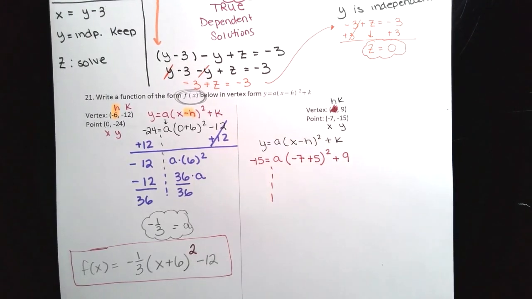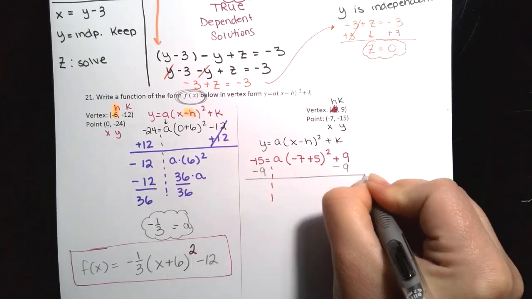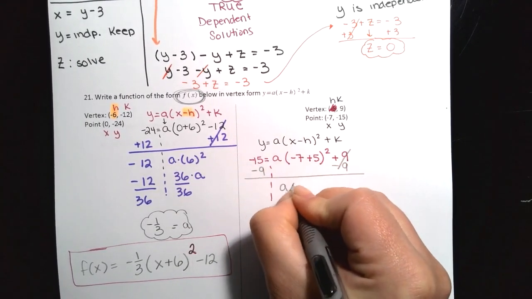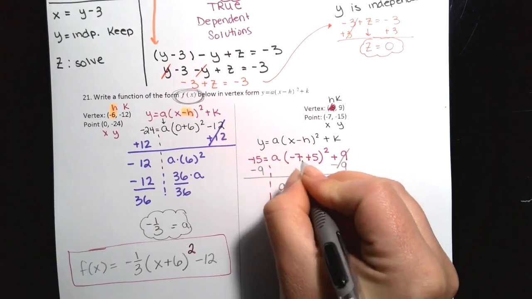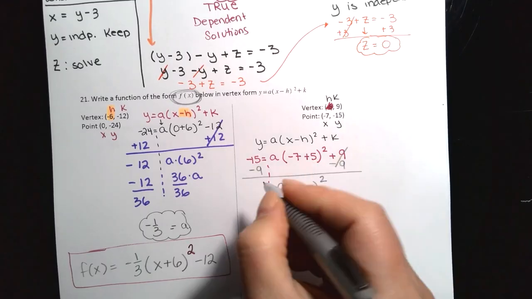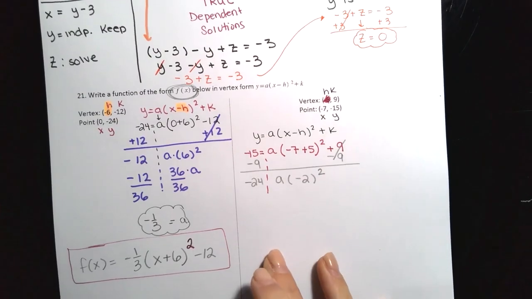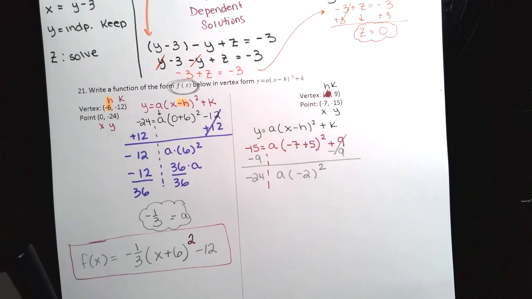When we're solving, please make sure to remove your K value first so you don't combine things that shouldn't be combined. Then we can go back in here and say negative 2. Well, let's go ahead and do this negative 15 minus 9 first, which gives me a negative 24. Here, I do encourage you to use a calculator to do negative 2 squared.